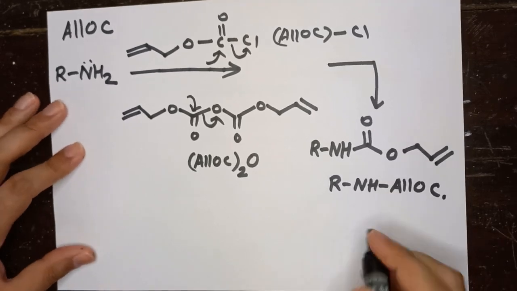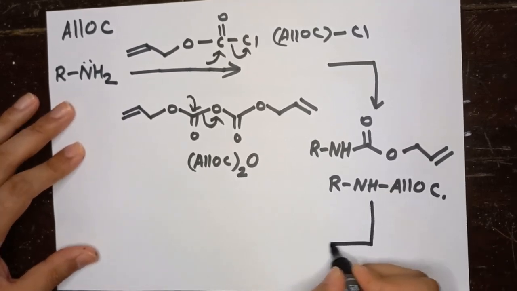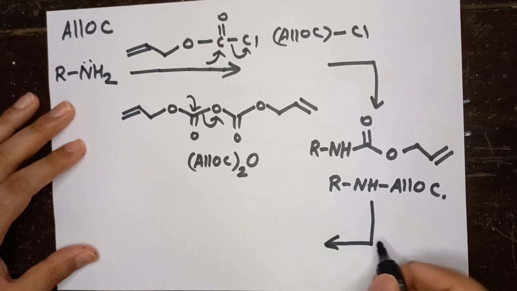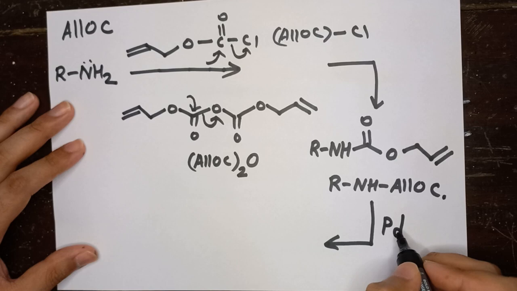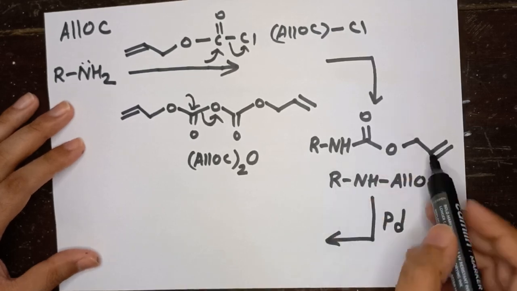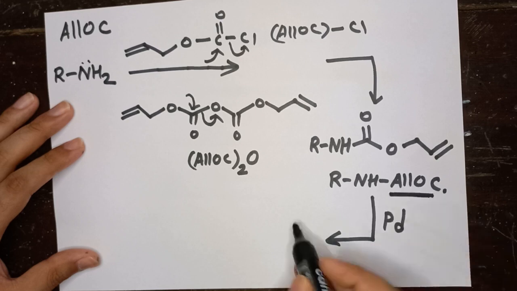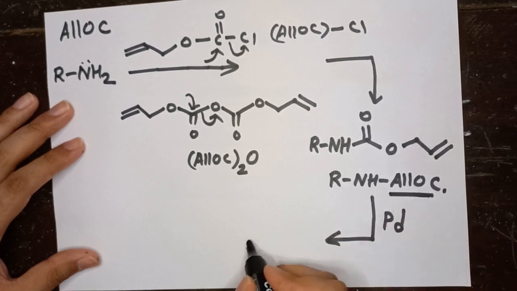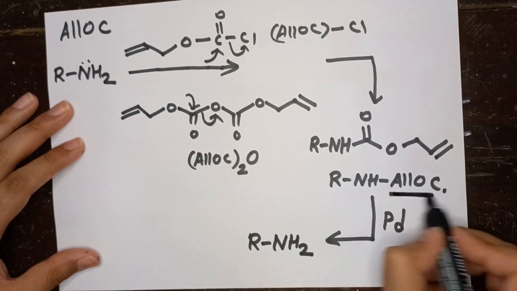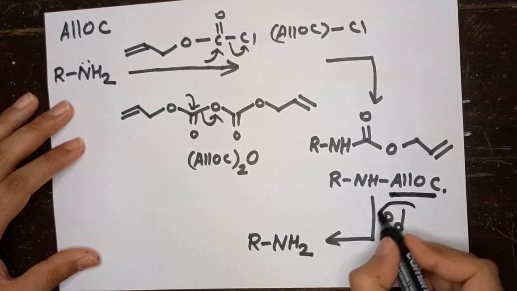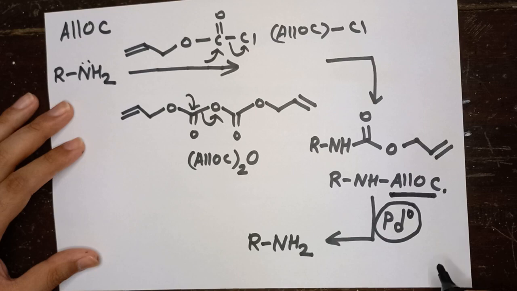Now to deprotect this group, we have only one reagent, that is you need to use palladium metal. This is an organometallic compound. So RNH alloc can be converted into RNH2 using palladium metal in its zero state.